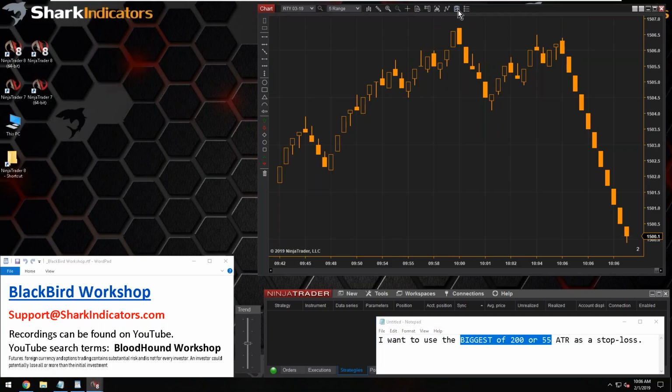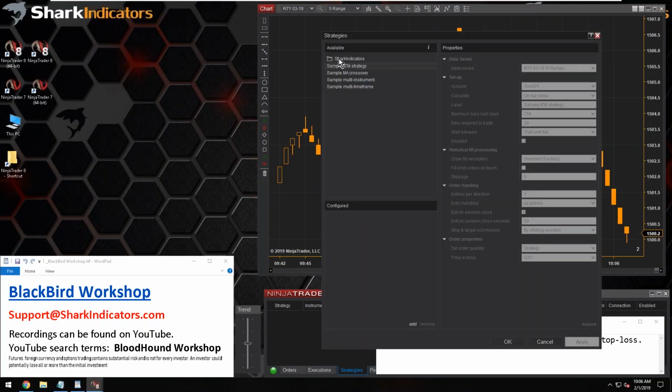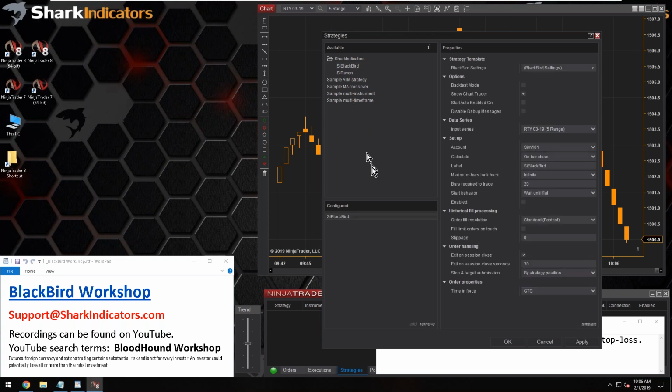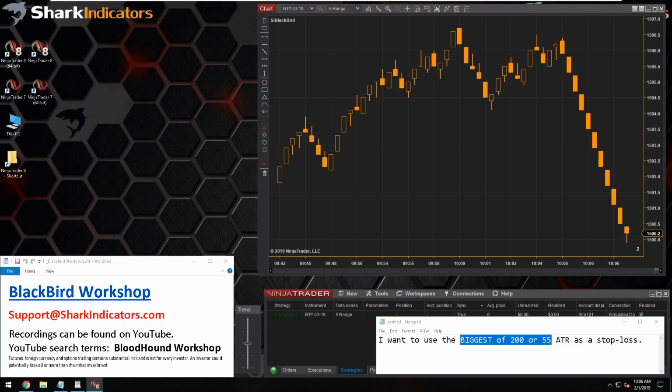Let's get the strategy loaded onto the chart. All right, so from the strategies window here, let's open up the shark indicators. There's BlackBird. And don't forget to enable your strategy. Give this a moment to load up.